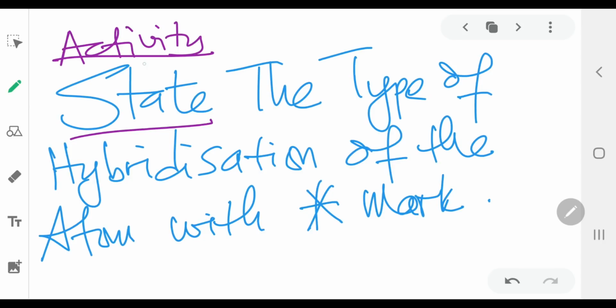There is a scheme of work when you want to explain hybridization, but in examination, if they say you have to state, you don't have to show that scheme of work, but you just need to write down what is the hybridization state type of the central atom.